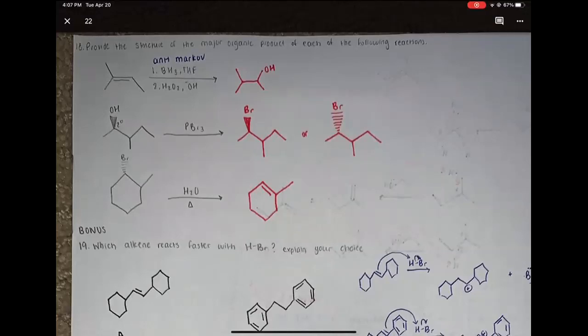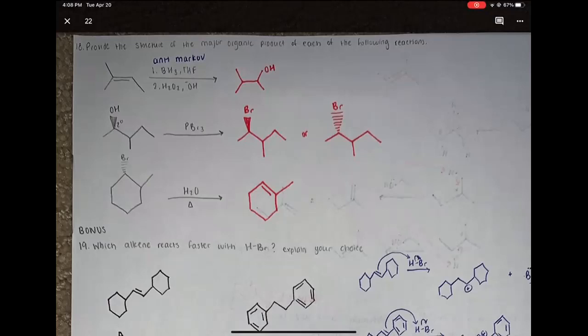Then over here, we are looking at this substitution reaction with PBr3. And what kind of reaction are we having here? Like, what is happening? This is going to be a substitution.